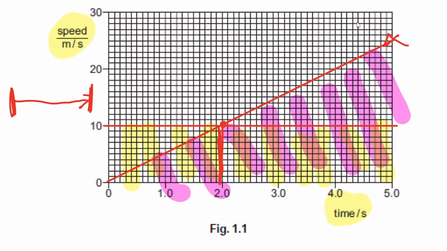If I look at the area under the graph, this is the area of the car, right? This is the area of the runner, right? Which one has a higher area? The runner, right?